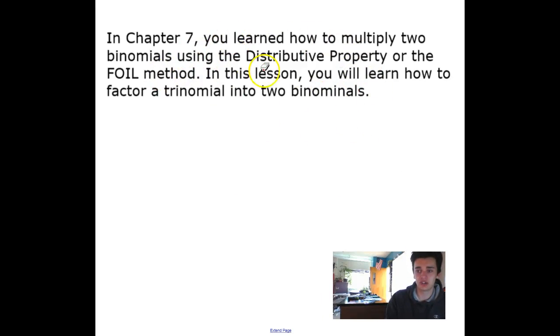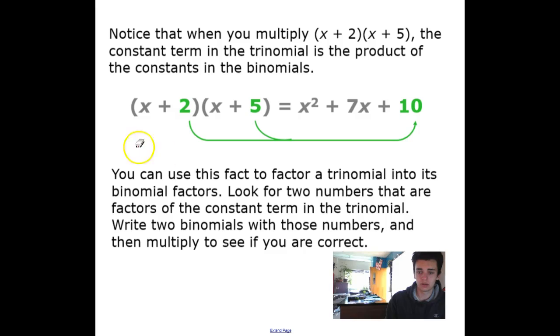In Chapter 7, we learned how to multiply two binomials using the distributive property or the FOIL method. Today, we're going to be doing the anti-FOIL method. When you have a trinomial in the form ax squared plus bx plus c, what you're looking for is multiples of the constant term.